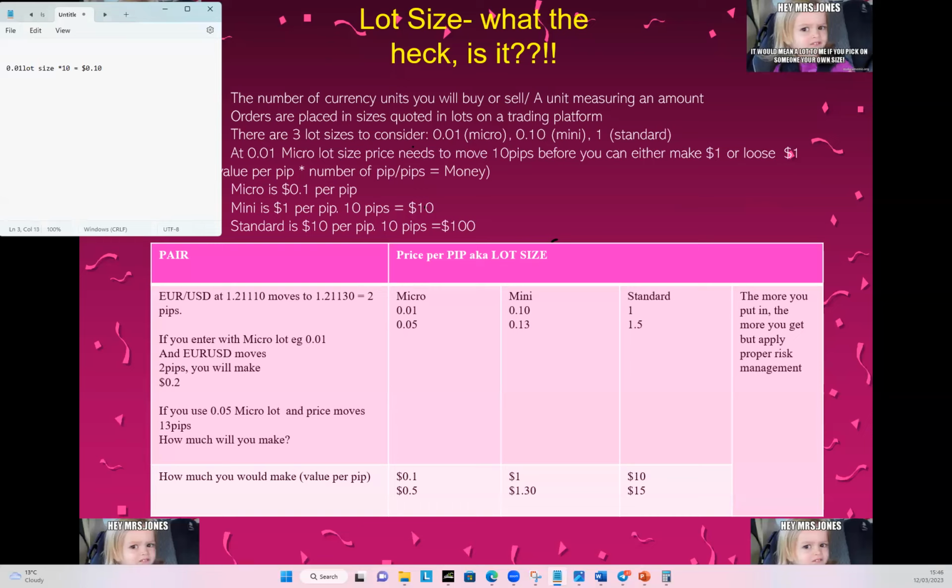So basically, in order to calculate the micro, the mini, the standard, all you need to do is take an example, 0.01 lot size, and times that by 10. That will give you this number. It's about moving the decimal point one place, basically multiplying by 10, as you can see on the screen.